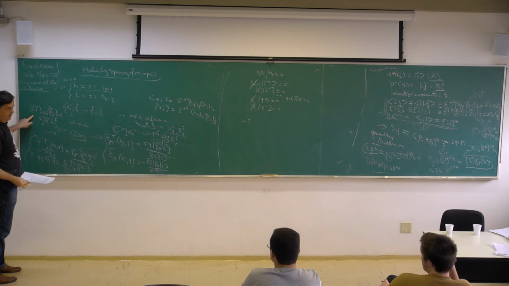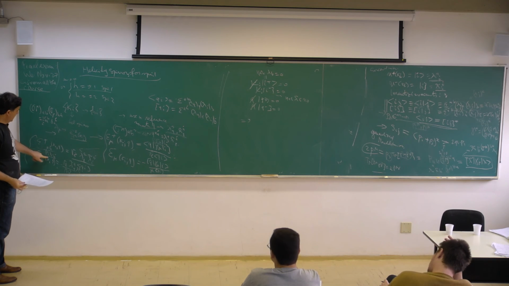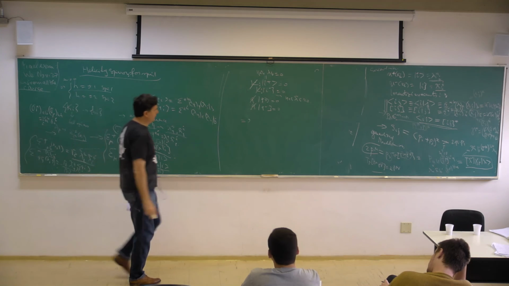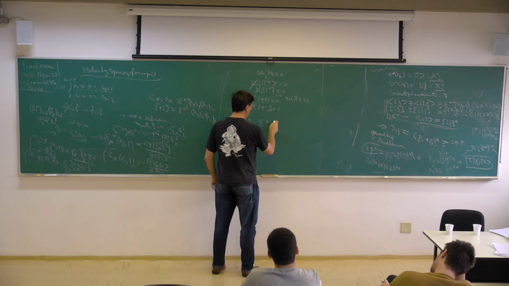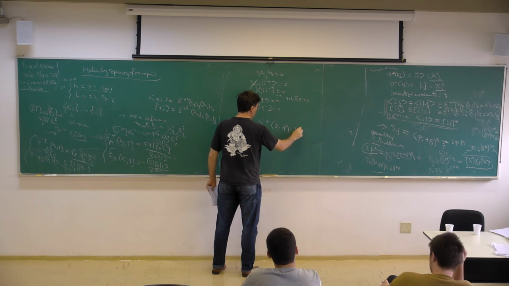Using this, I can rewrite this product as just epsilon plus mu times Ki mu. So this is equal to epsilon plus KIQ dot Ki.